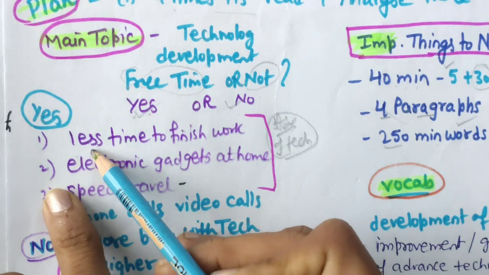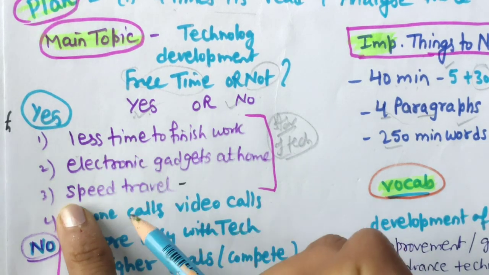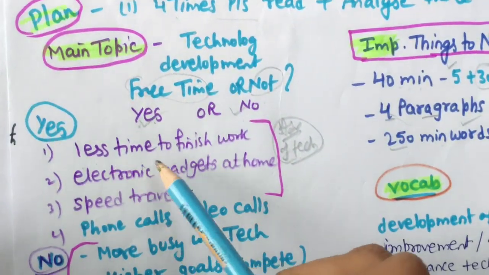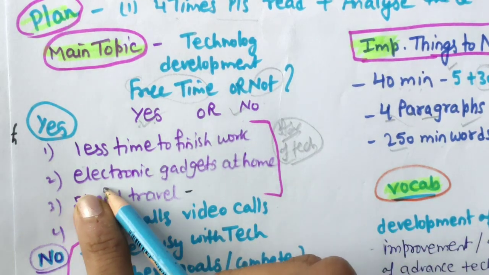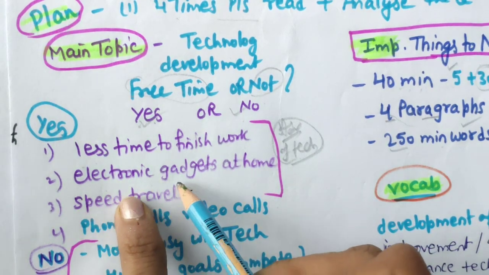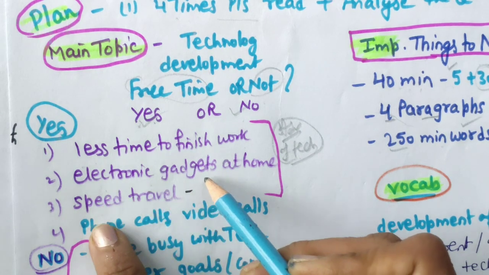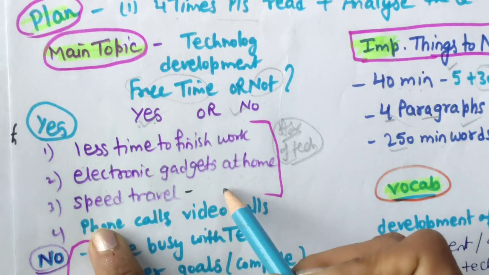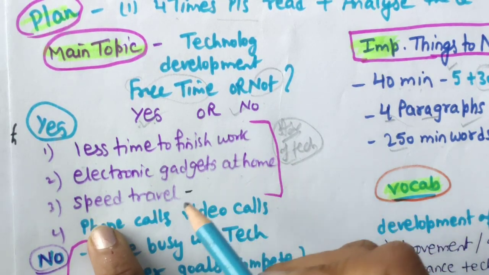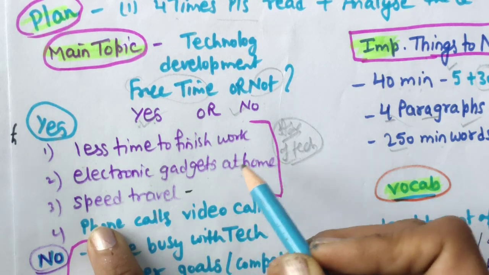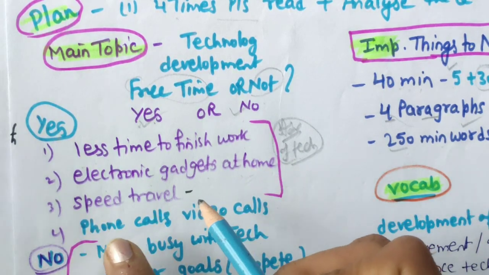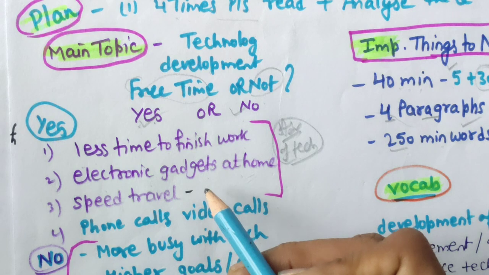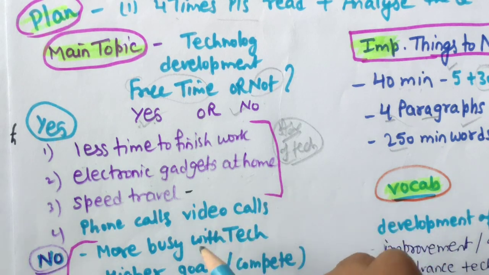Definitely in future, but now we are in the future because it was predicted: less time to finish all work. Specifically, if we look at the house example, there are all electronic gadgets at home, for example mixer, grinder, robot mops, microwave ovens, automatic washing machines, TV remote controls and so many other things. We don't need to move from one point to another in the home; with the help of a remote we can organize everything.